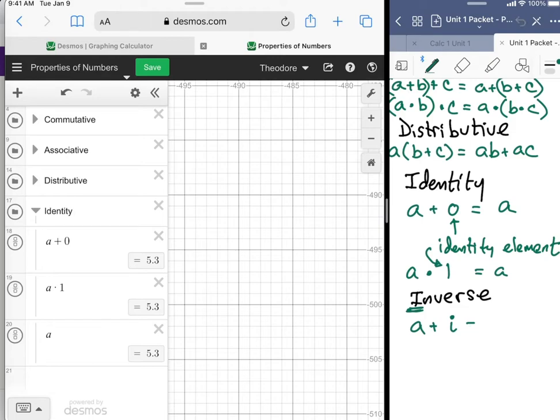I'll actually use capital I there because lowercase i actually means something else. And A times I equals 1. So it is the number that when added to or multiplied by another number gives the identity element as a result. So it's looking at identities but in a different way. All right, so these are our identity elements.